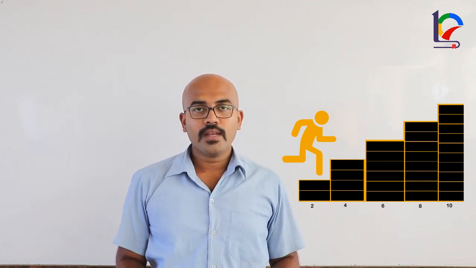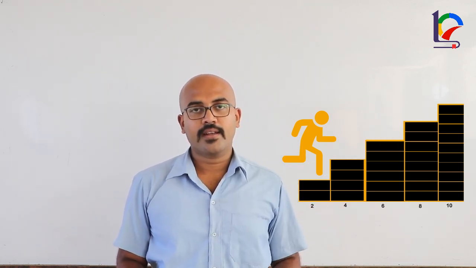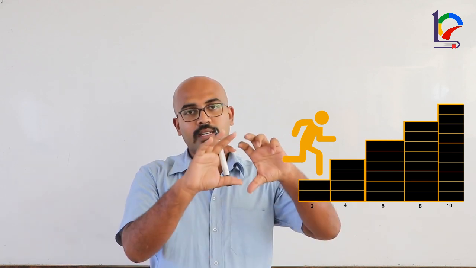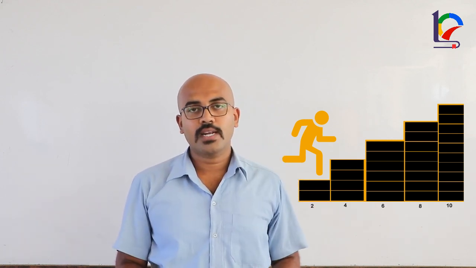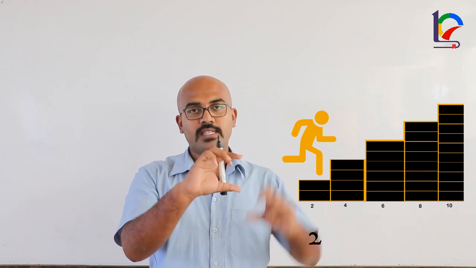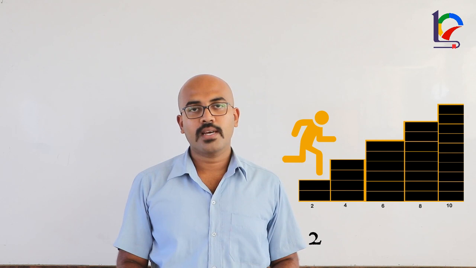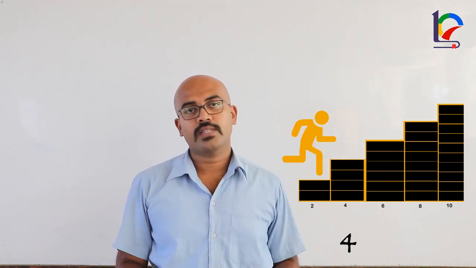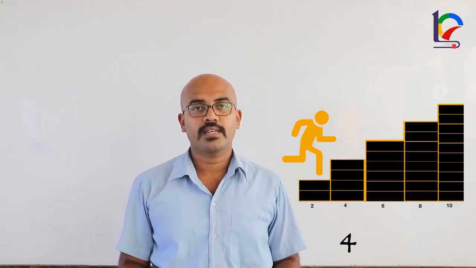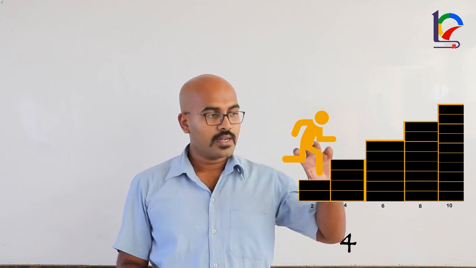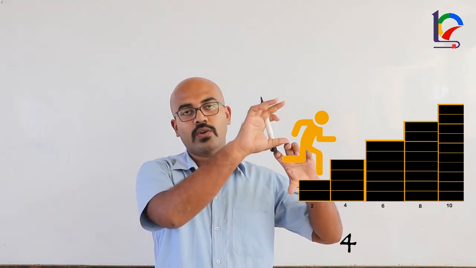In the first step, the height is 10 centimeter, so assume that there are 2 bricks, each of 5 centimeter. So in the first step there are 2 bricks. Similarly, the height of the second step is 20 centimeter, so obviously it will be 2 plus 2, 4.